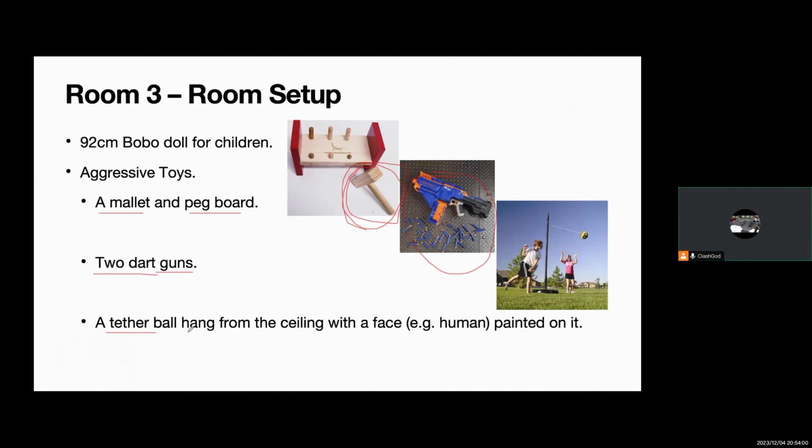There's also a tetherball hanging from the ceiling with a human face painted on it. This is pretty similar to a bubble doll, except it's a tetherball hanging from the ceiling, and there's a face on it. So you can hit the face, and that's also an aggressive act. So these are the aggressive toys in room 3.